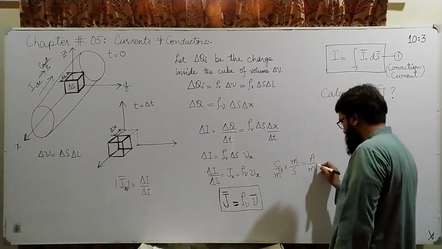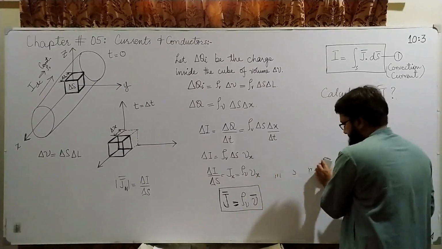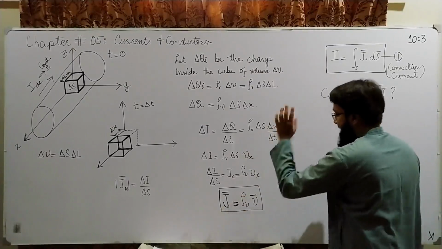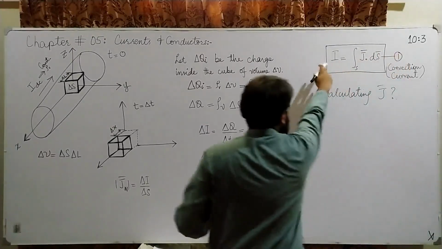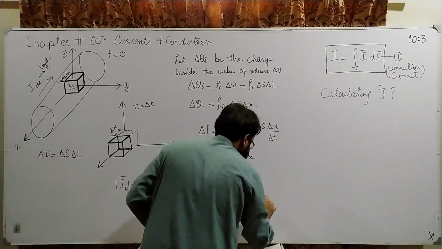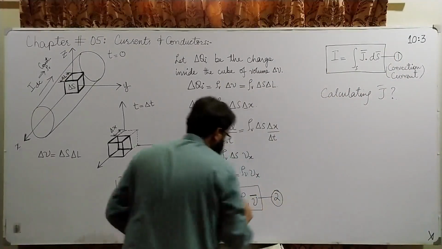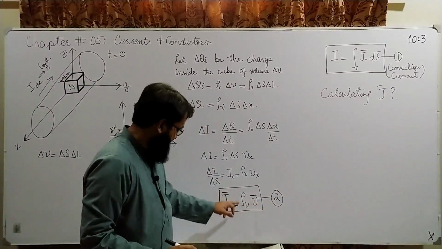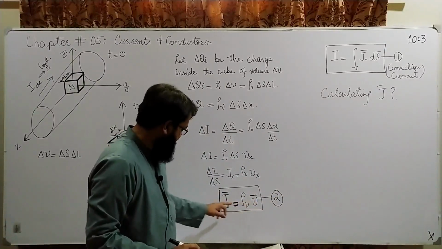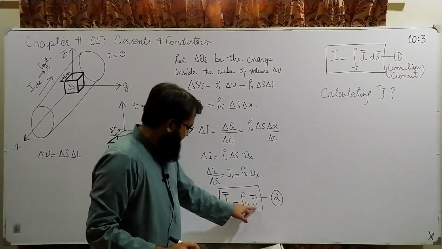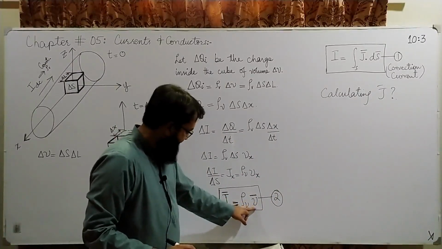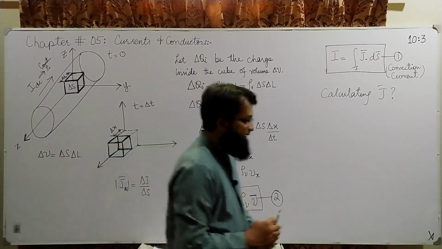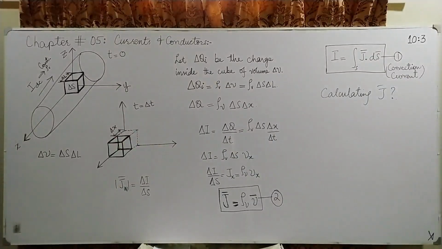So we've got amperes per meter square as the units for J. All right, so this is how the current is calculated if J is known, and J can be calculated using this definition. Now you can see that the direction of J is the same as the direction in which the charge density is moving. So this is how we calculate the current density in its vector form.